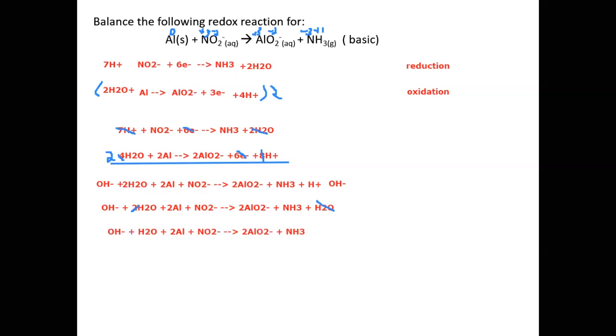You see that the aluminum are balanced, nitrogen's balanced, 2, 3, 4. Oxygen is balanced, and hydrogen is balanced. So this is the correct balanced redox reaction. So we just do one extra step at the end when we're dealing with a basic solution.